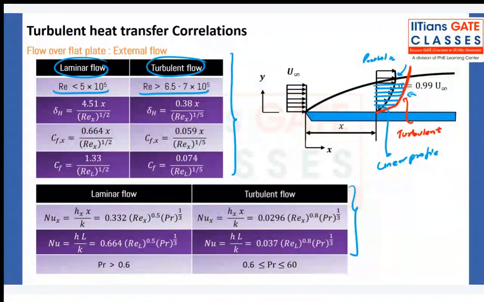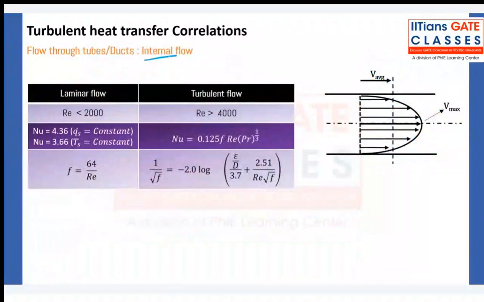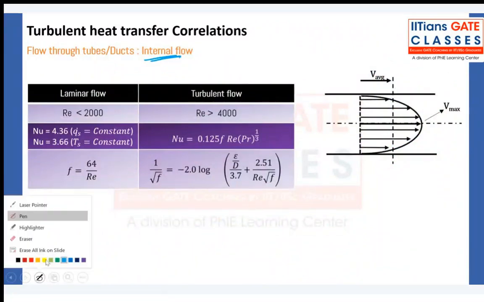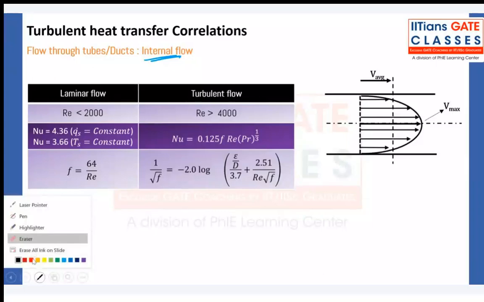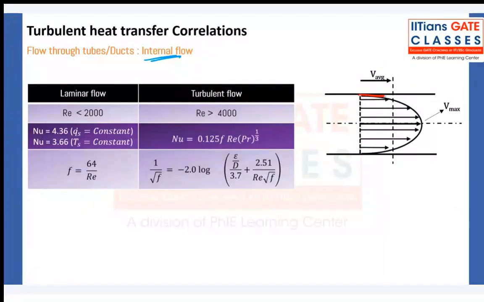These are some relationships again for laminar and turbulent, Nusselt number, Prandtl number and all, and this is for internal flow. Again the same thing will happen. It will go slightly linear first, and then velocity is going to increase very rapidly, and then it will flatten out.